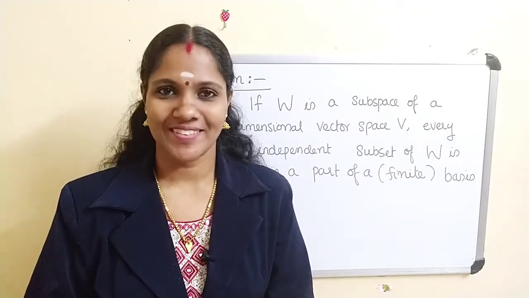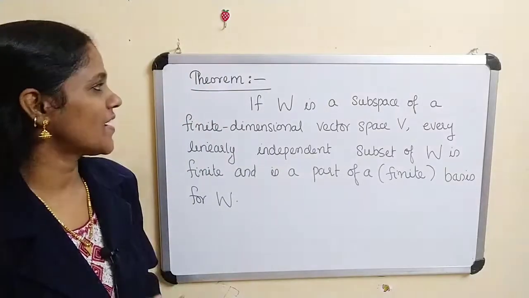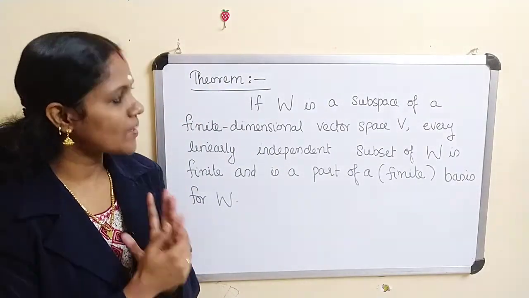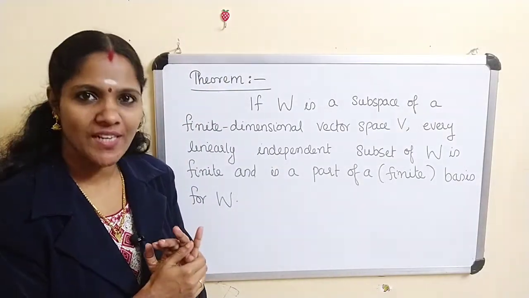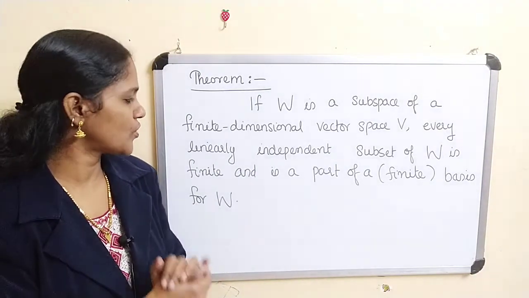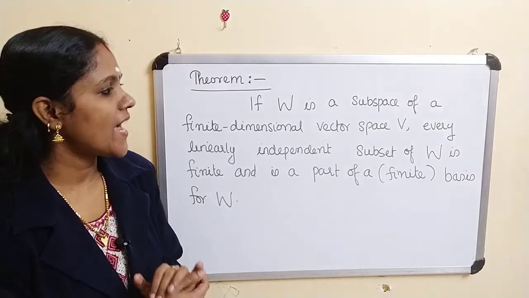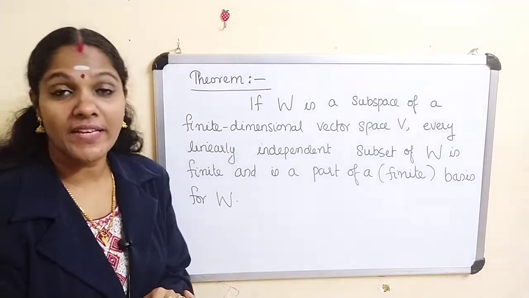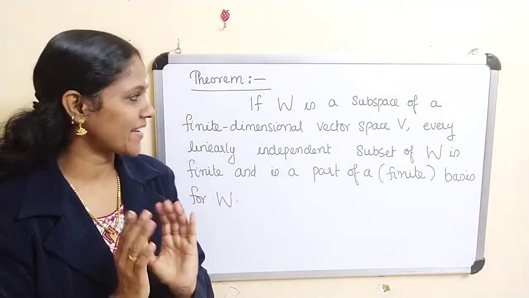Now we are going to discuss the theorem. The theorem says that if W is a subspace of a finite dimensional vector space V, then every linearly independent subset of W is finite and is a part of a basis for W. Listen carefully.